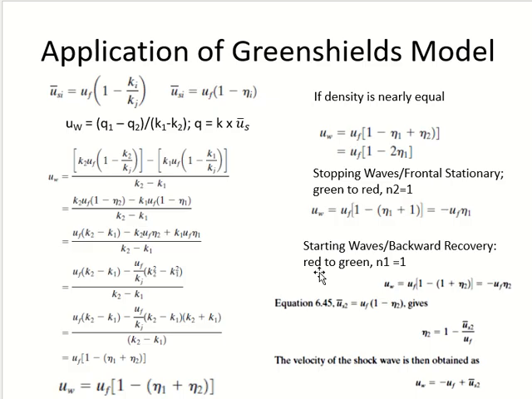After cancelling out k2 minus k1 from everywhere, you will get UF minus UF again, k2 upon kj, k1 upon kj.